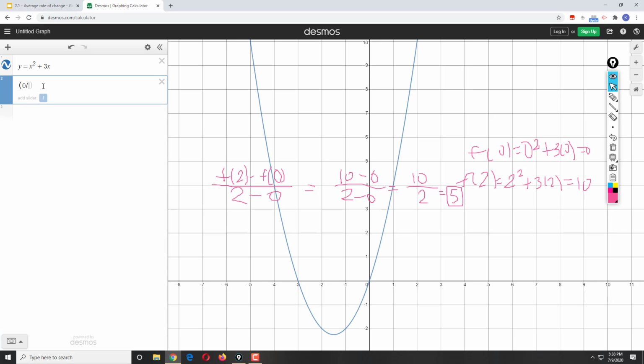When x equals 0, f of x also equals 0. When x equals 2, f of x is equal to 10. So we're looking at these 2 points, really. 0, 0, and 2, 10. We go up 10, we go across 2. That's why the average rate of change is 5.